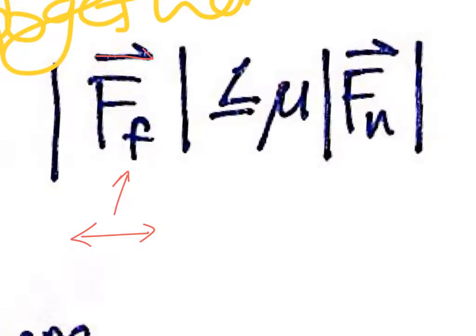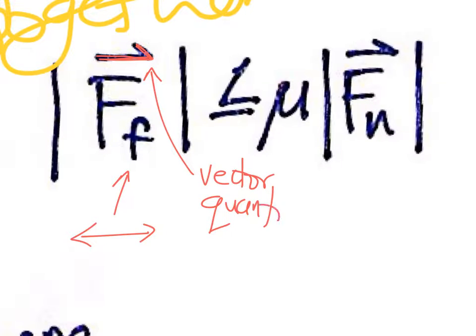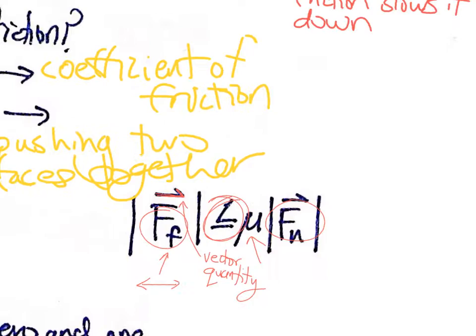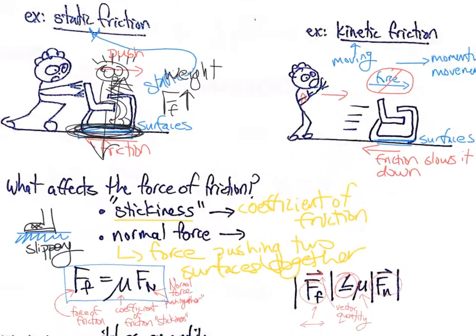The little arrow up above indicates that it's a vector quantity. And here's mu. And then the frictional force is less than or equal to. I think I can give you one example and that will make perfect sense.